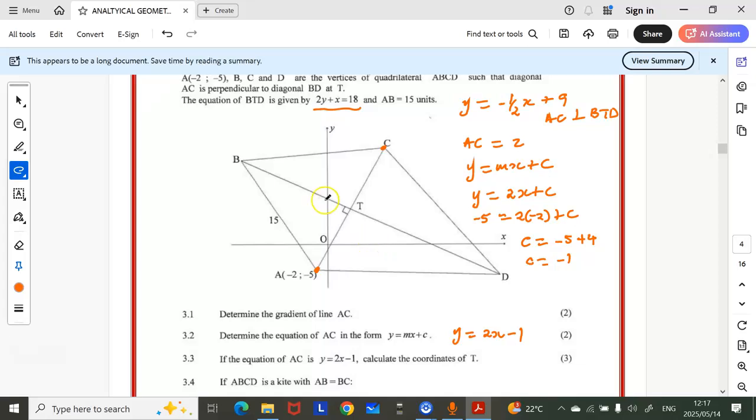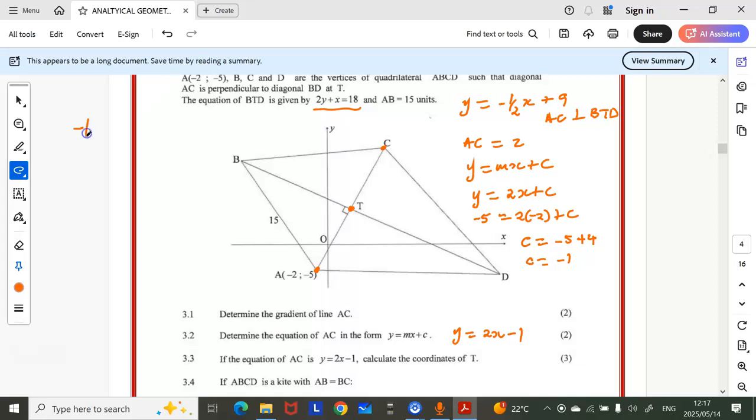Calculate the coordinates of T. Now, T is the point of intersection where BTD and AC intersect, right? A point of intersection we can get by equating both equations, right? So we are going to equate the equation of AC and the equation of BTD to find the coordinates of T, right?